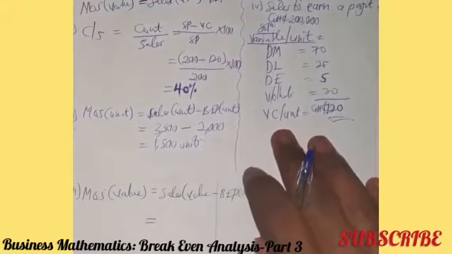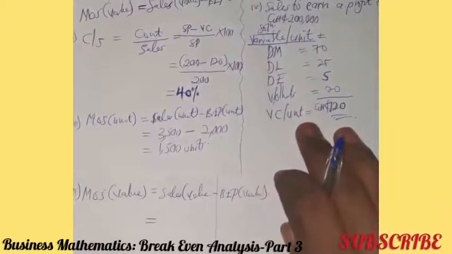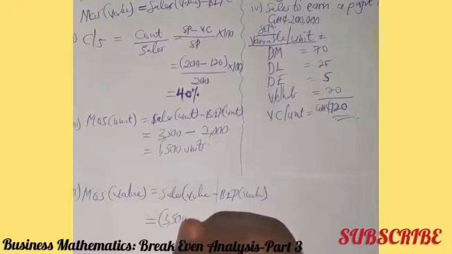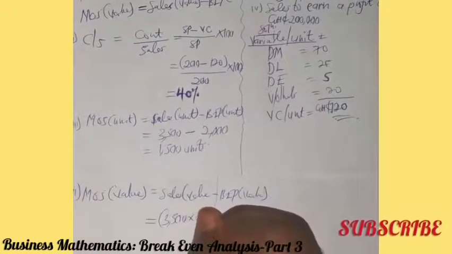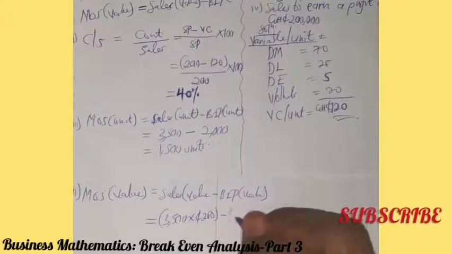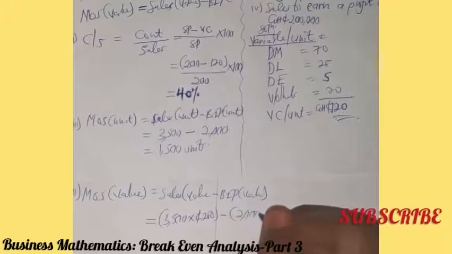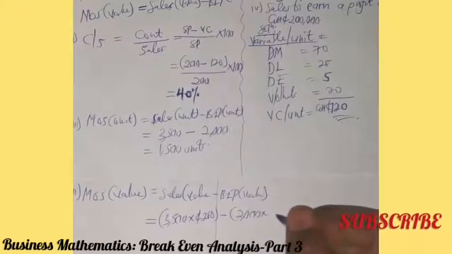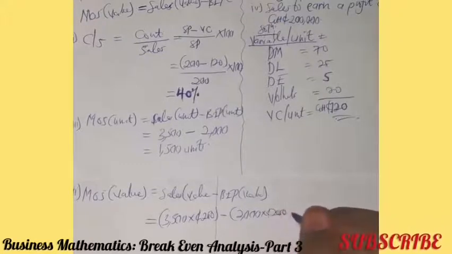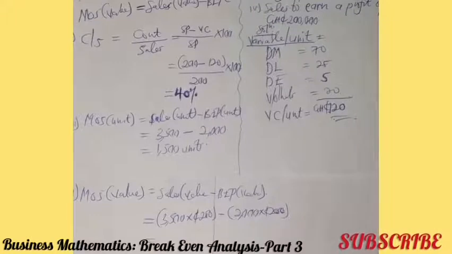I know the selling price was 200. So here it becomes 3,500 multiplied by 200, minus my break-even point, which was 2,000, also multiplied by the selling price, 200.